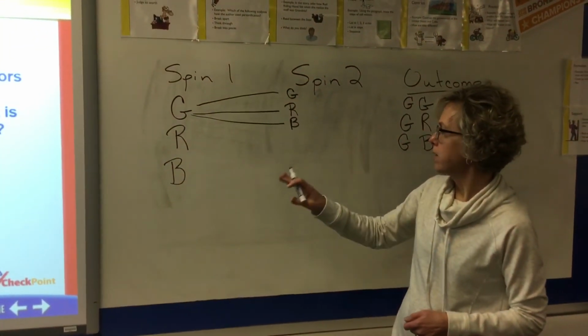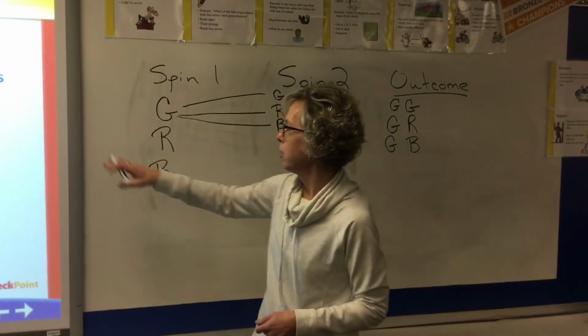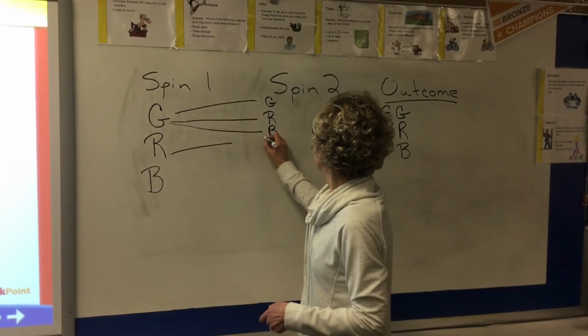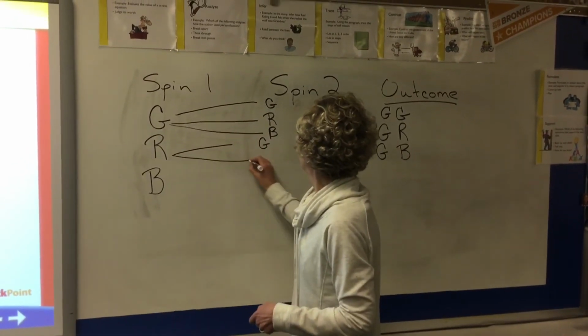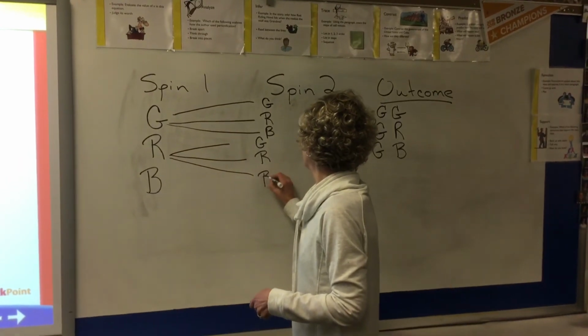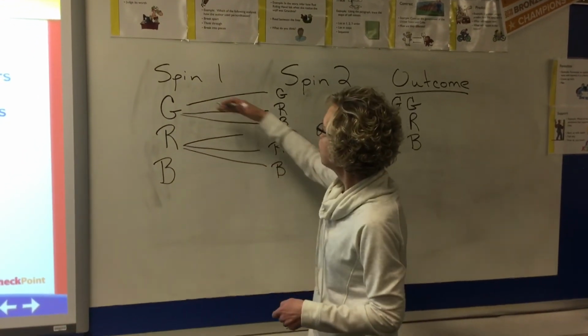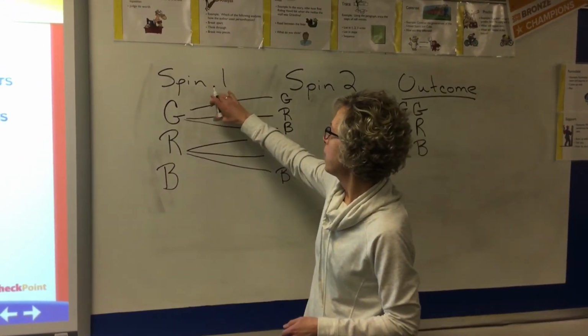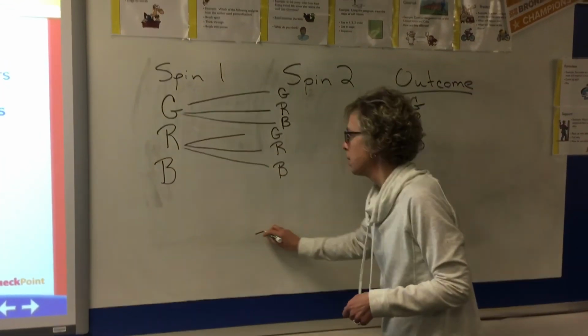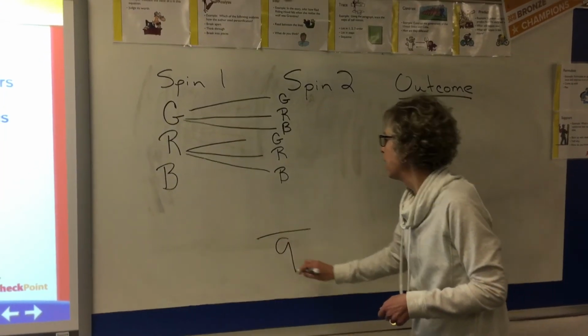Now, the question asks, what's the probability of spinning red and green? Well, here you'd have red and green, red and red, and red and blue. We know our total outcomes from this. We've got 3 here, 3 here, 3 here. We know it's going to be something over 9 again.